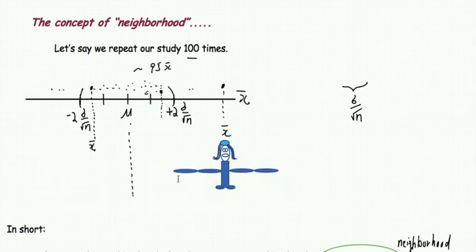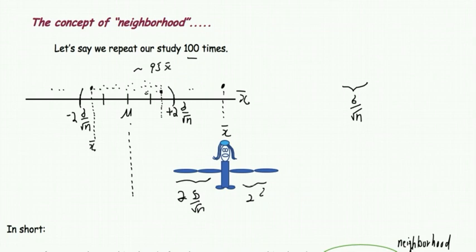Now, I have a sample mean x bar here, which is outside the neighborhood. When that happens, if I stand at the mark of that sample mean, I extend my arms still plus 2 or minus 2 standard deviations.